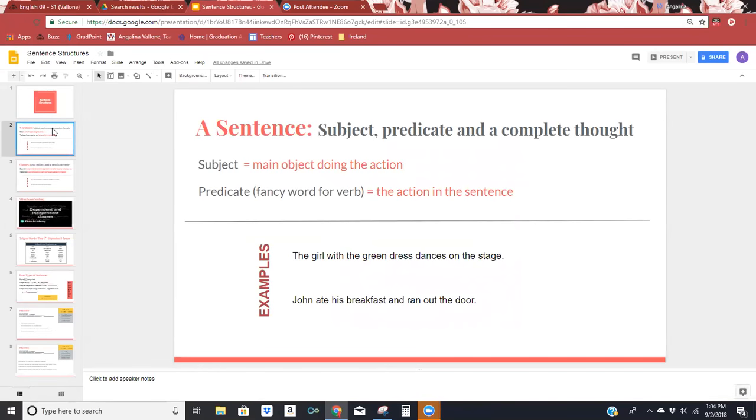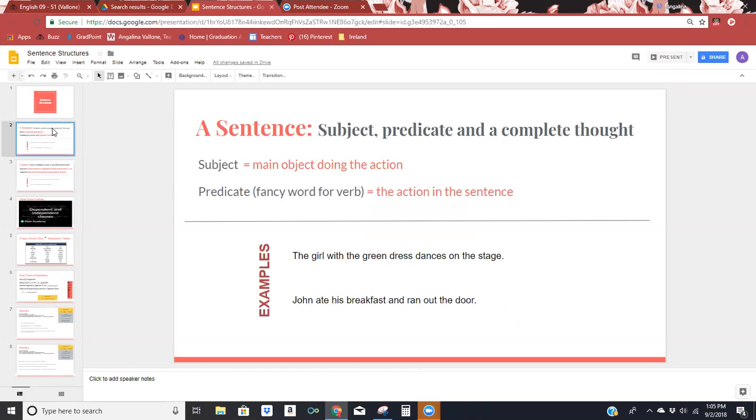First, it's really important to understand what a sentence is. A sentence must have a subject and a predicate. And this is extremely important when we talk about clauses on the next slide: it must complete a thought. A sentence is a clause, but there are two kinds of clauses.